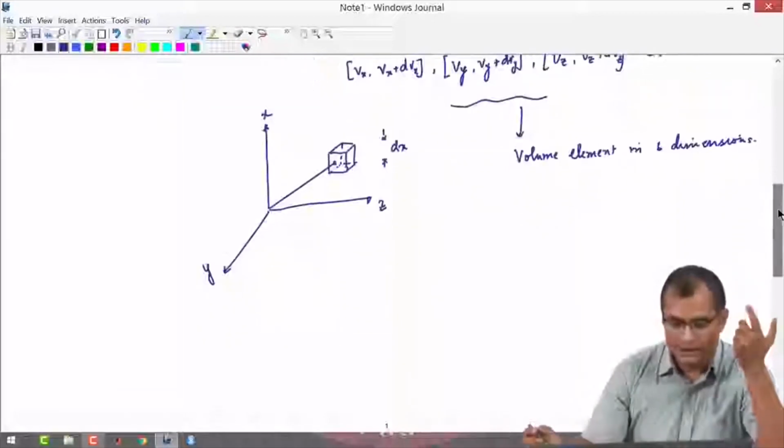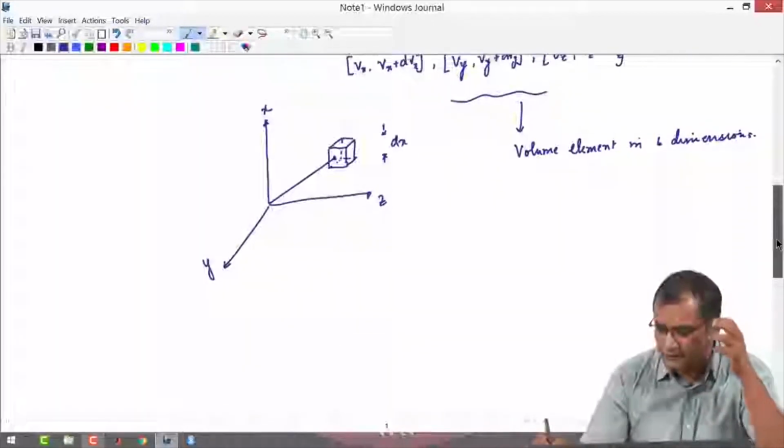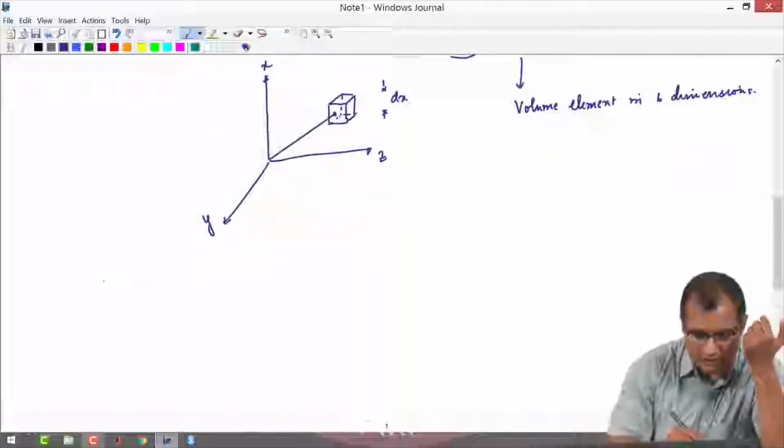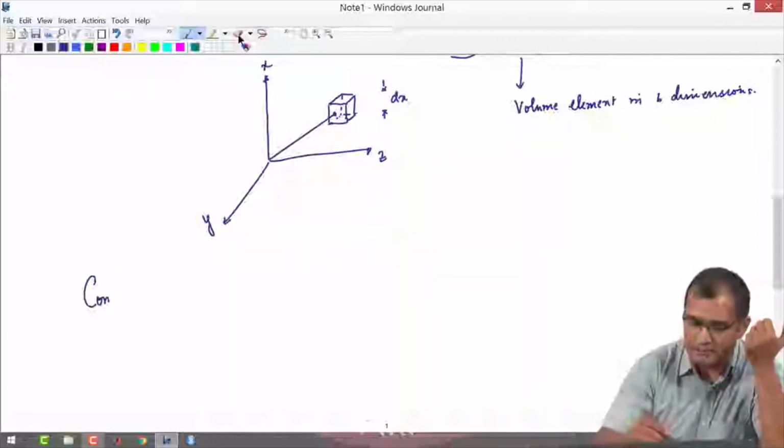Now, there's a simple concept which goes as the conditional probability. We'll talk about unconditional probabilities first.